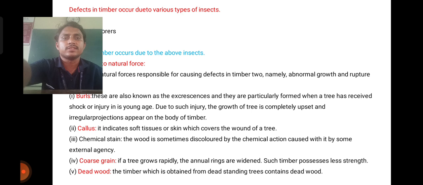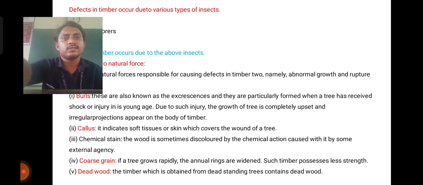Active cracks extend continuously from the starting point up to the end of the portion. Or there is the dormant stage also.